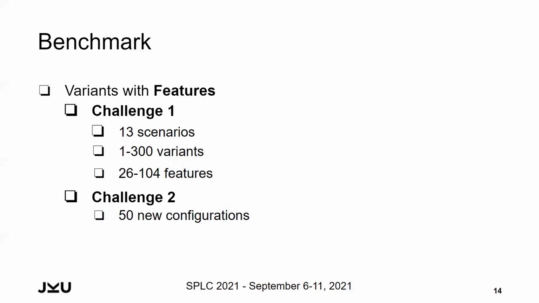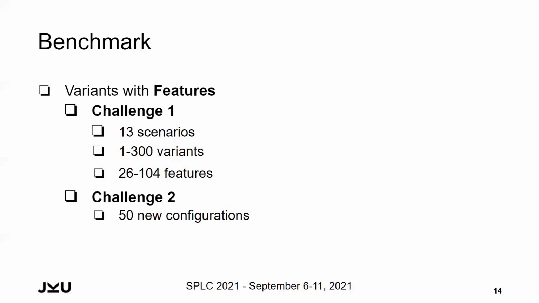For the challenges with variants with features, the scenarios for evaluating solutions for challenge 1 are from variants containing a set of features from one release, that is, the state of the system after the last commit of a release in the repository.